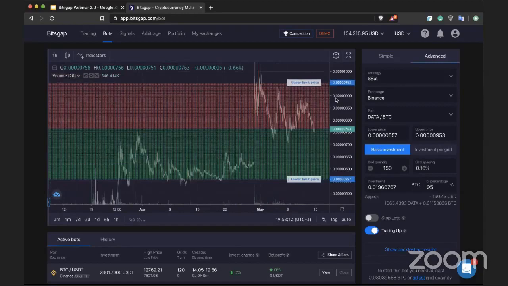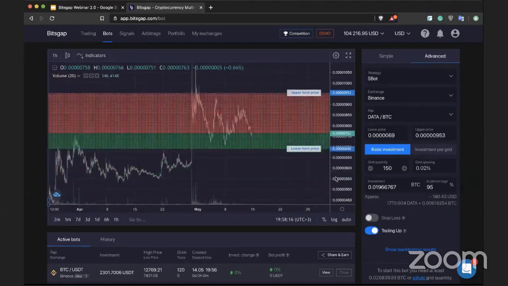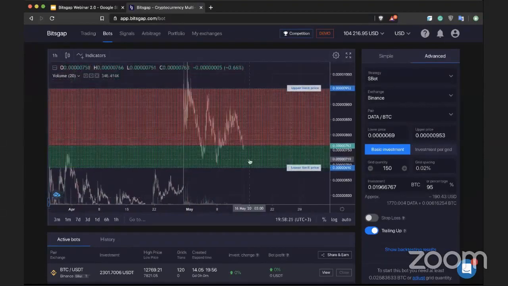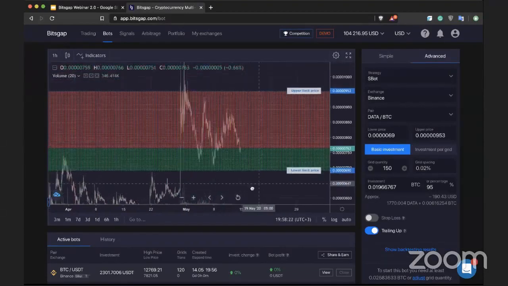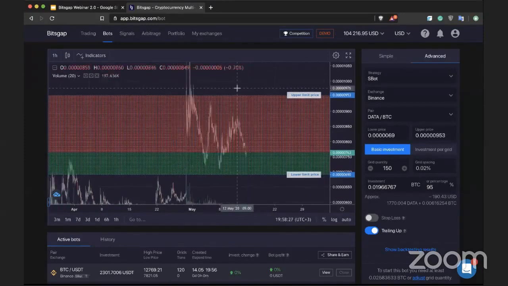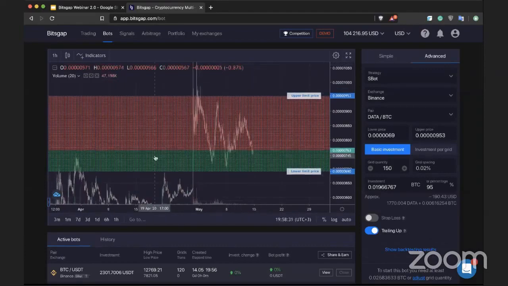So you might consider opening the trade, the automated trading configuration. So I still expect the price to maybe drop even further.